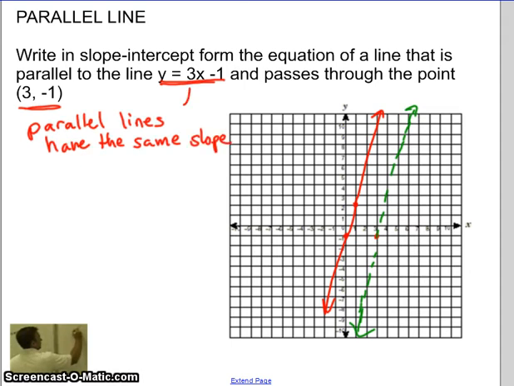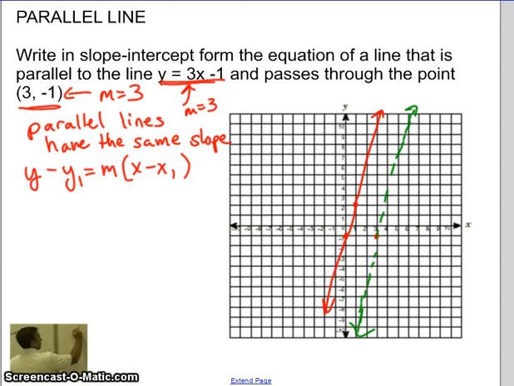So if this line's slope is 3, then this line's slope is also 3.